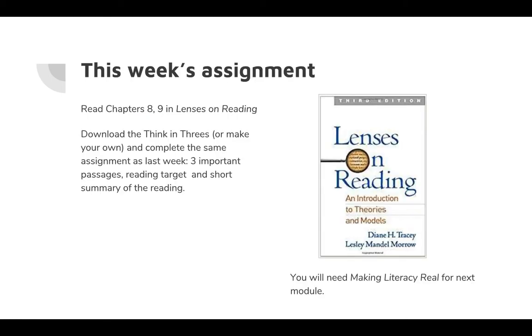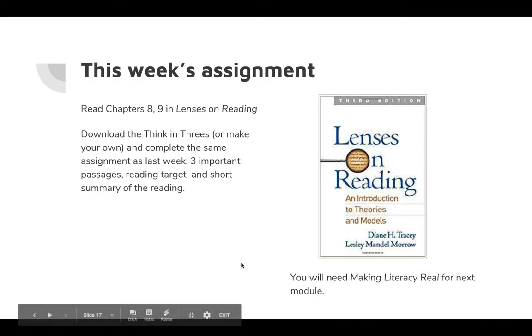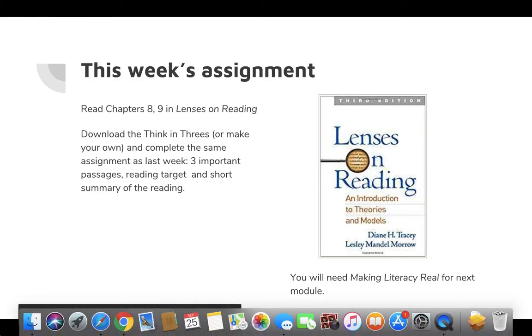Okay. So this week's assignment that I'm going to be asking you to do is I've got the Lenses in Reading. We're going to be reading this one more week. We're going to be looking at this work. And what I want you to do is read chapters 8 and 9 in there. I'm going to have you download the same Think in Threes. If you made your own modified graphic organizer, that is fine.